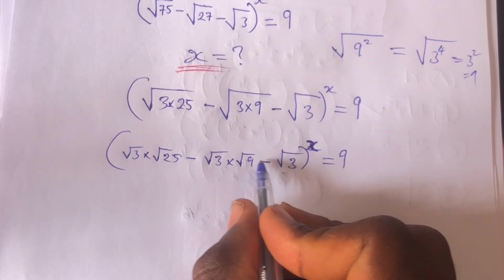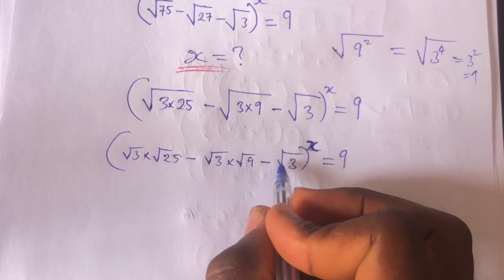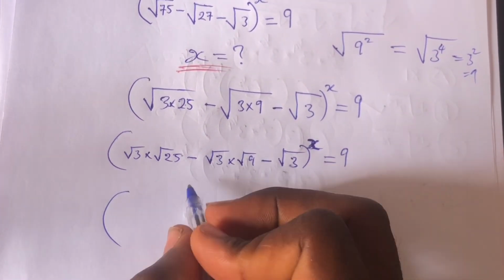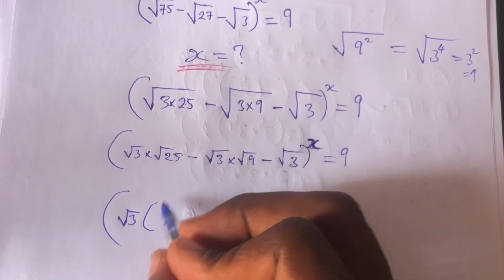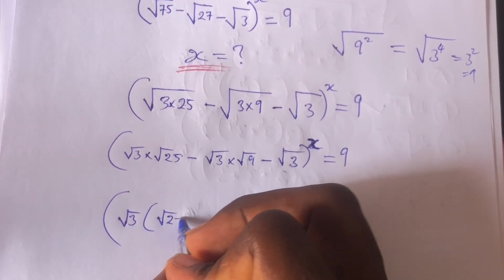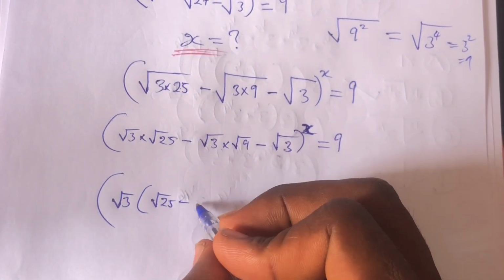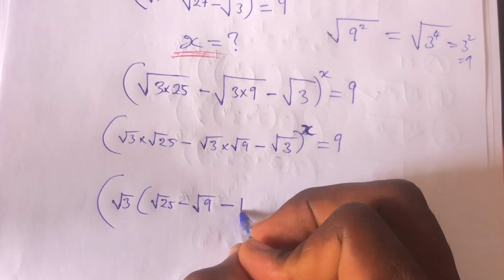So we can factor out square root of 3 from here. And if we factor out square root of 3, it will become square root of 3 into square root of 25 minus square root of 9 minus 1.